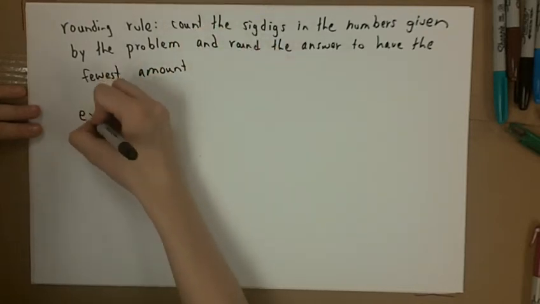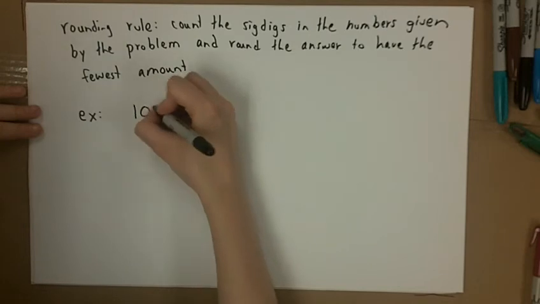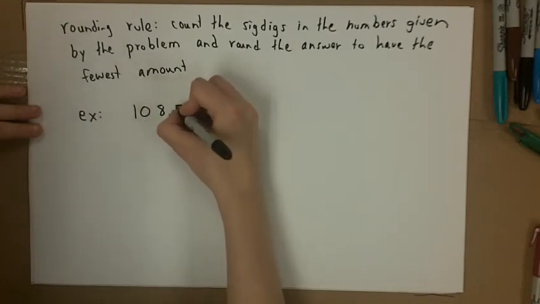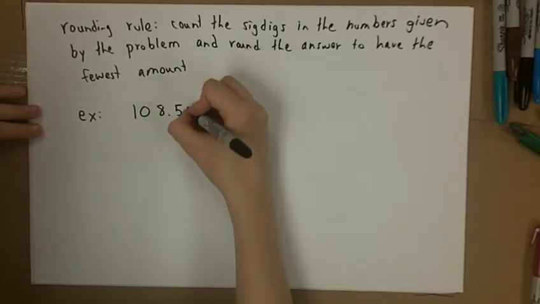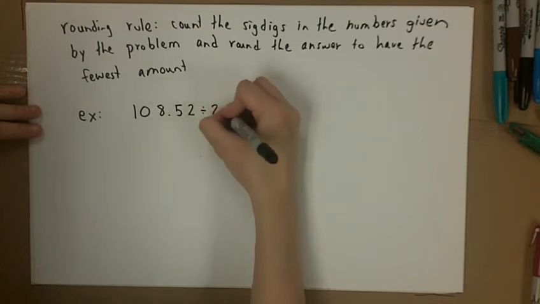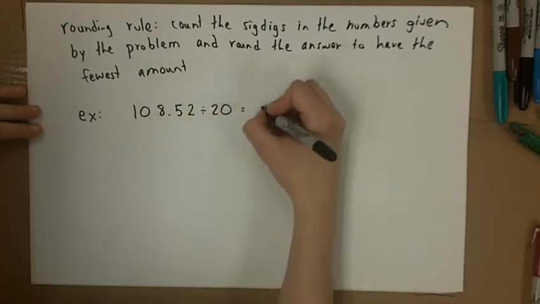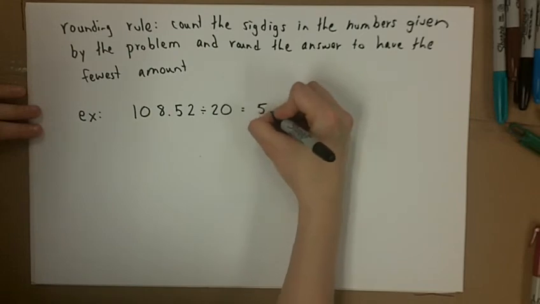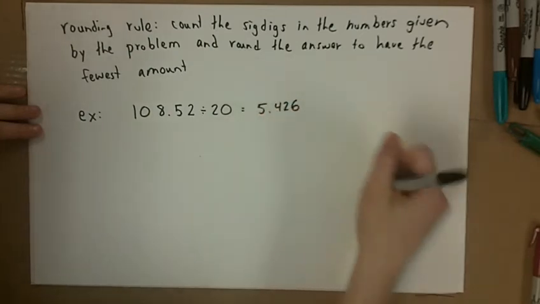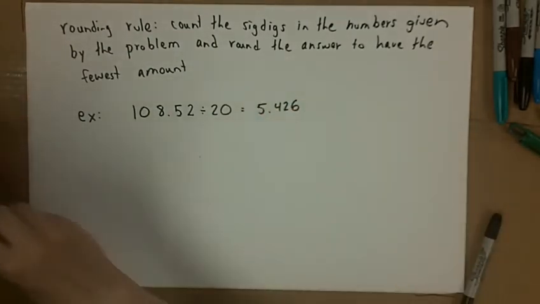For example, in the calculation 108.52 divided by 20, the answer given by the calculator, 5.426, has a few too many digits.